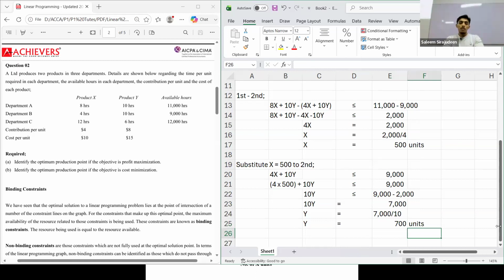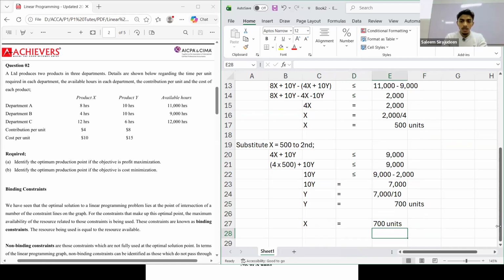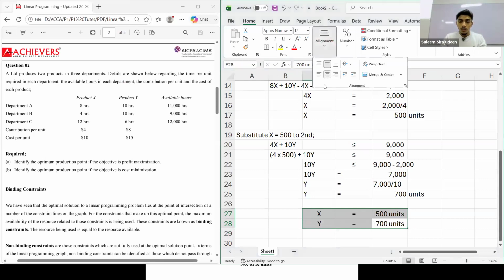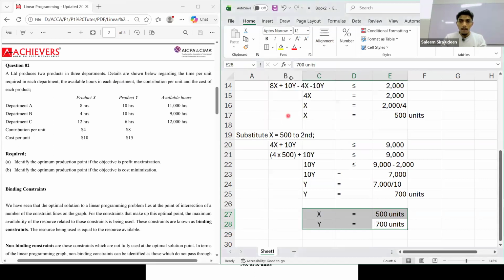Got it? So at point B, what are the number of units? X equals, sorry, X equal how many units? 500 units. Y equal 700 units.